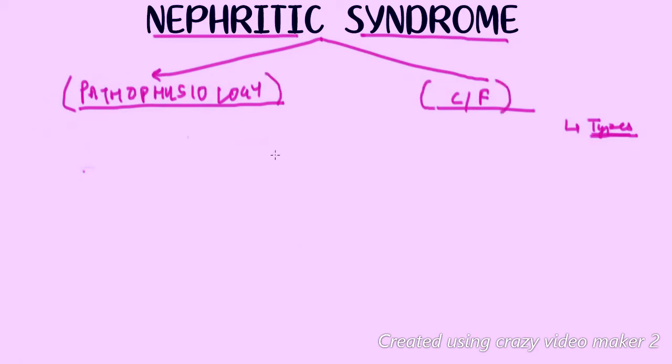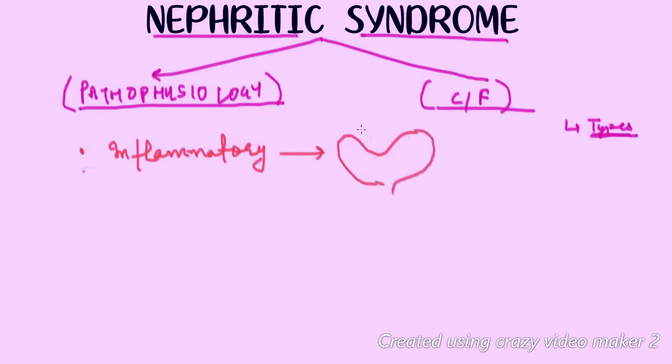See guys, the nephritic syndrome is essentially an inflammatory process, in which the inflammation will take place in the glomerulus. So here is the glomerulus, and in the nephritic syndrome the inflammation will take place in the glomerulus.